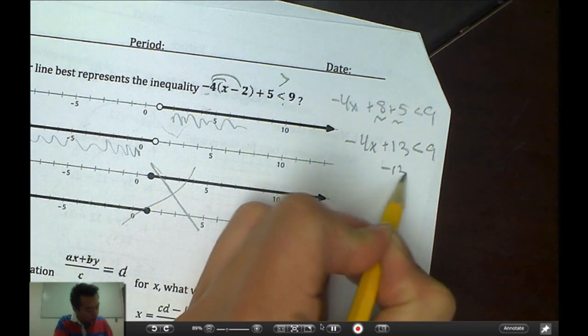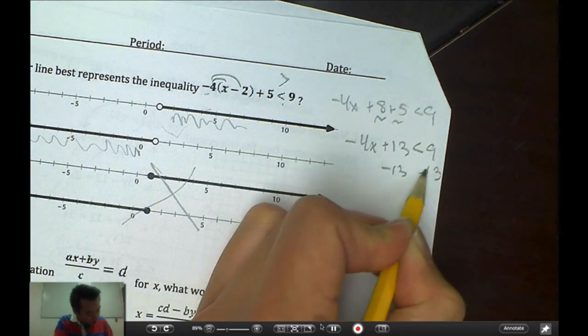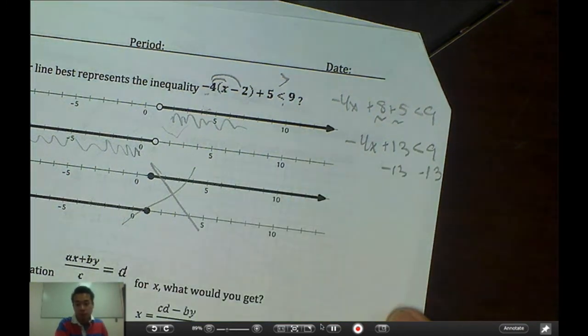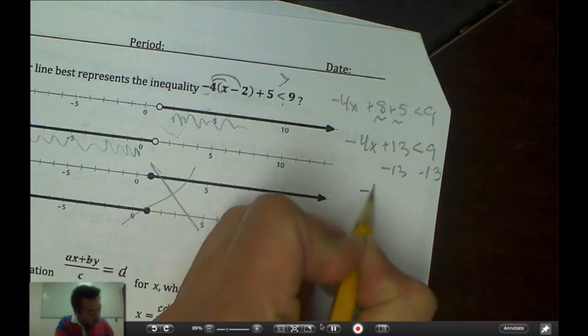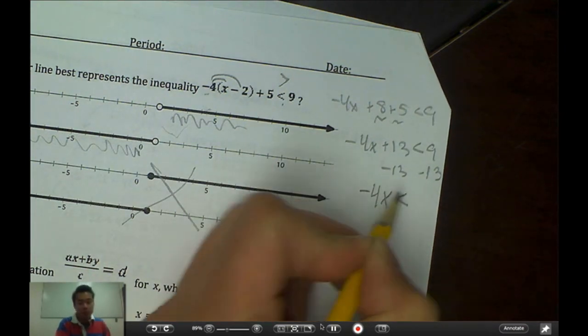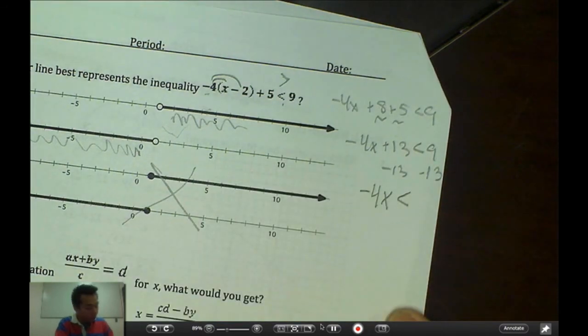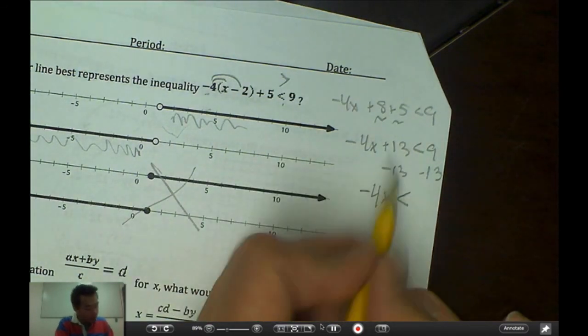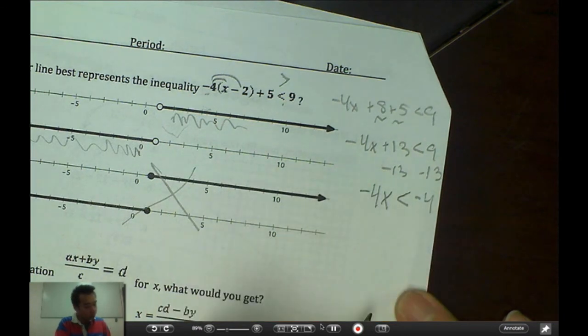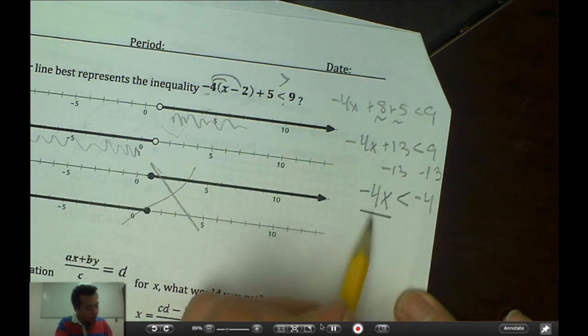Subtract 13 from both sides, and I get negative 4x is less than, okay, 9 minus 13 is going to be negative 4. And I'm going to divide both sides by negative 4.